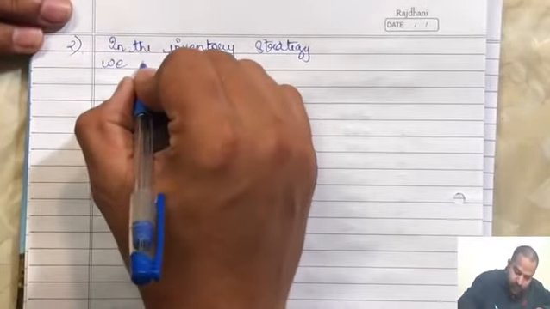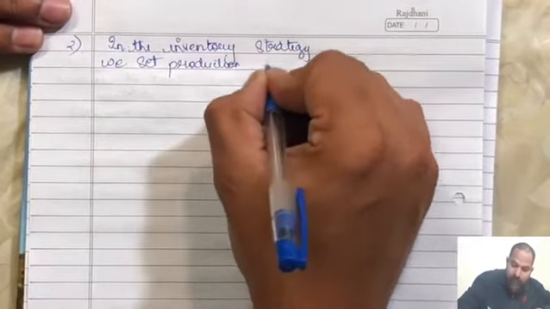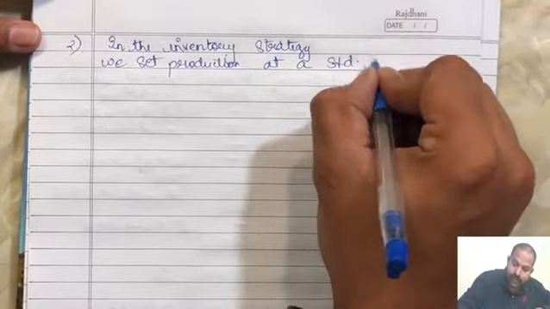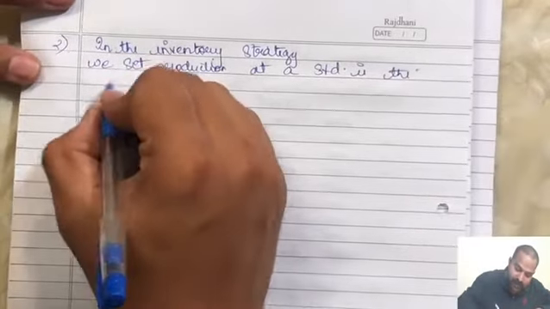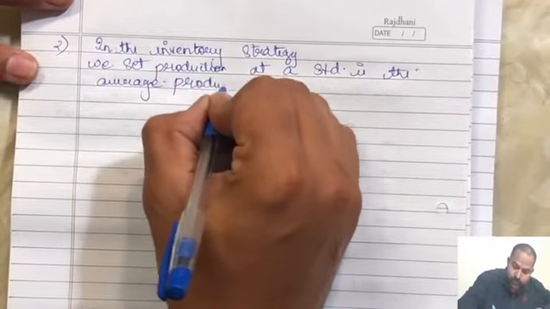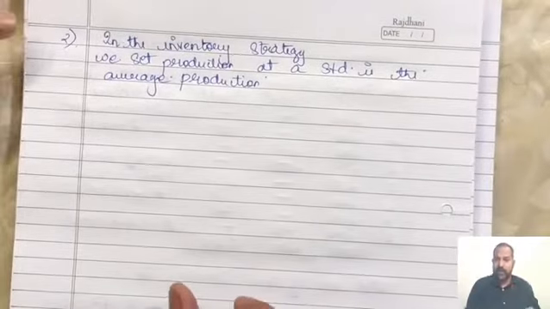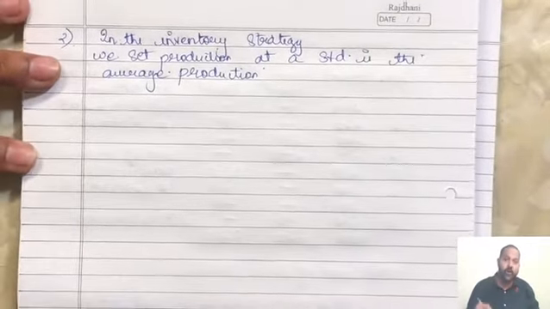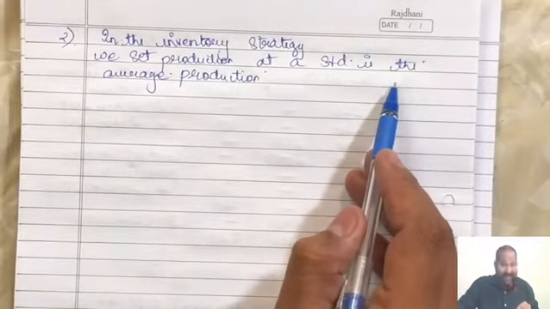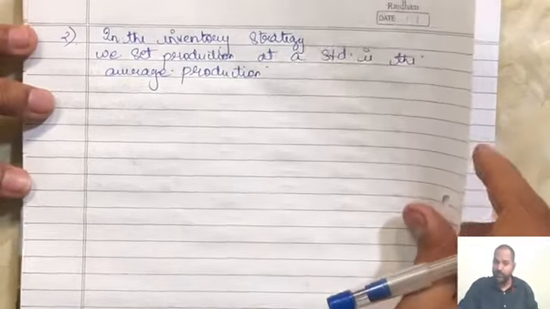we set production at a standard, that is the average production. So whenever you are allowed to carry inventory and carry backlogs, you are going to set your production at a standard, and that standard is the average production. What do you mean by average production?